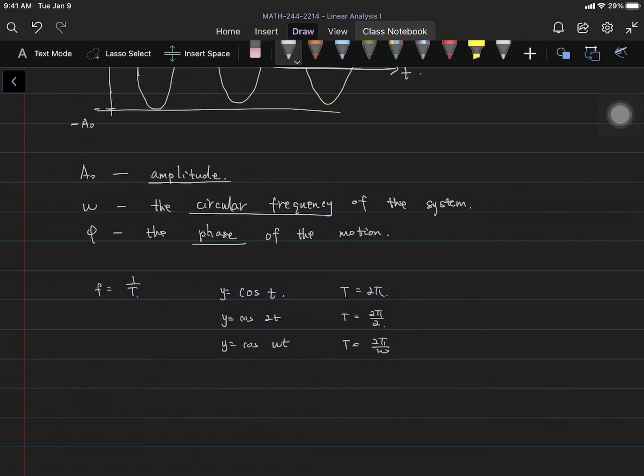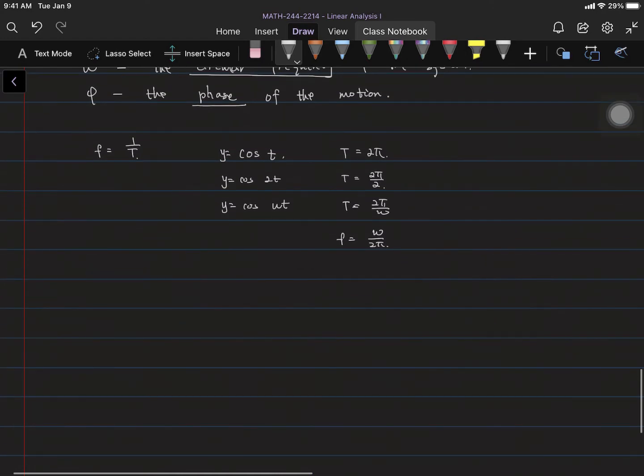And what is the frequency? The frequency will be omega over 2 pi. So this depends on omega. Omega gives us the frequency, and we know omega is the square root of k over m. That means the number of oscillations per unit of time. Okay, frequency. So this is the period, and this is the frequency.